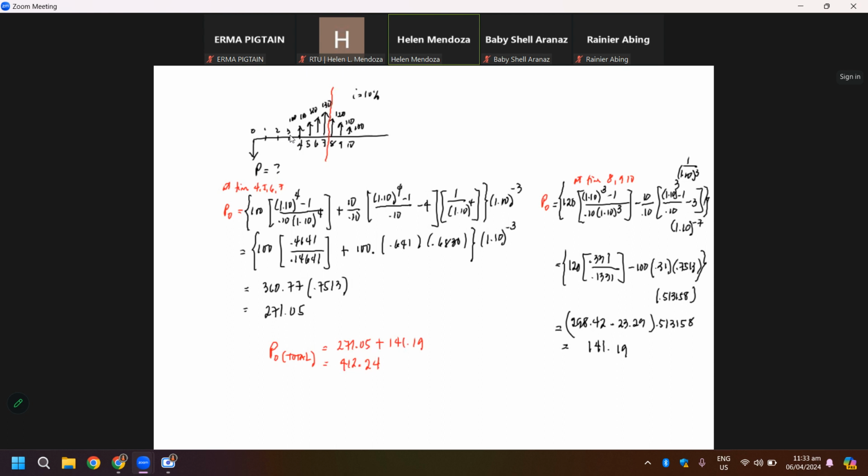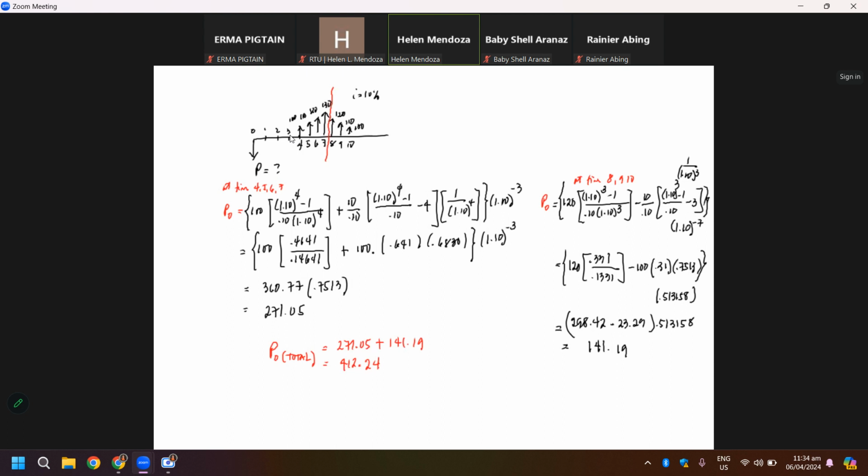So you are working now with the P and F relationship. If you are trying to find the P-value, then an F-value must be discounted so that it may reflect the value at time 0. And the only way we can do that is to come up with a multiplier 1.1 raised to negative 3.